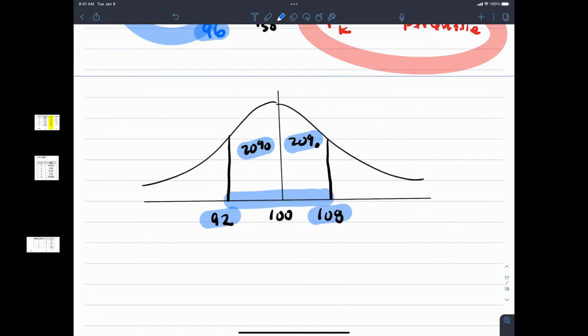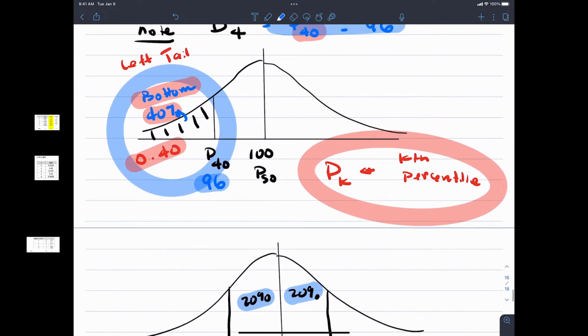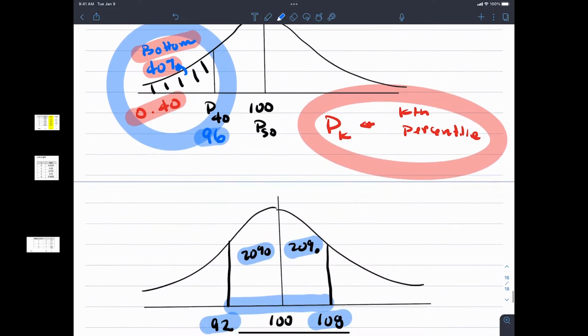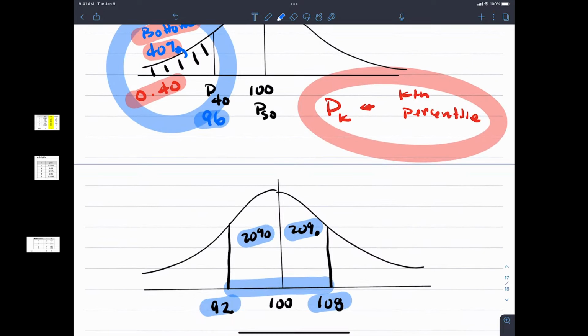But they never ask you these kind of questions working backwards. They don't ask you for the center. They only ask you for top and bottom. So you only need left and right, because top is to the right, a right tail. Bottom is a left tail.